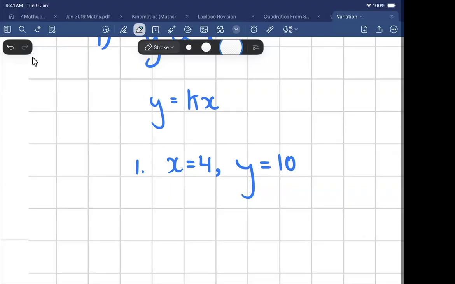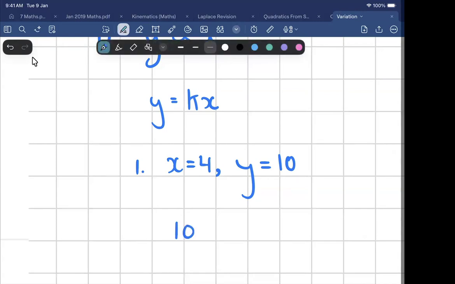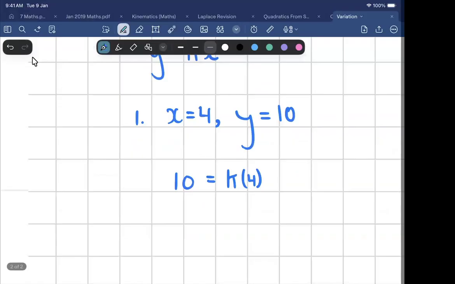We could put 10 equals k, open brackets, 4. Good. And we're trying to find what here? K. So if we're trying to find k, what do we do? Divide by 4. Yes, divide everybody by 4.